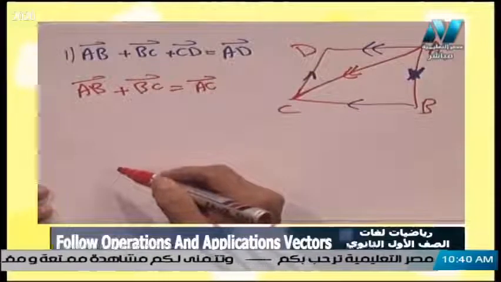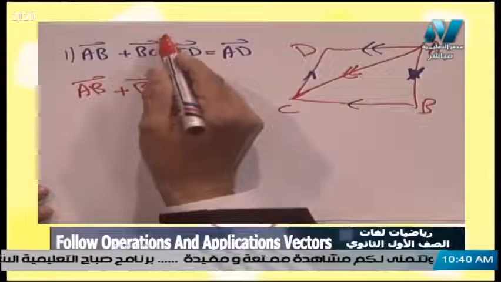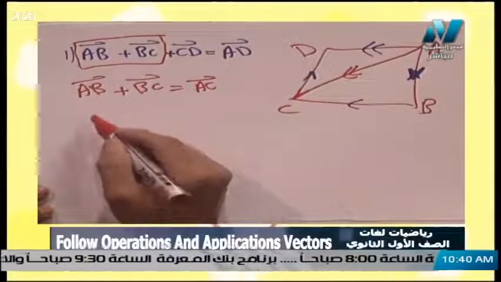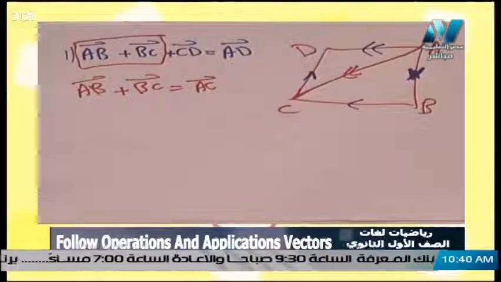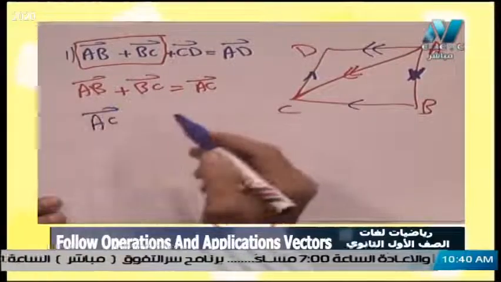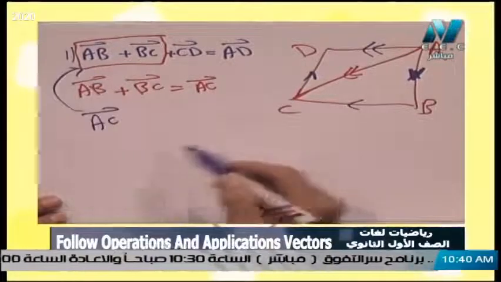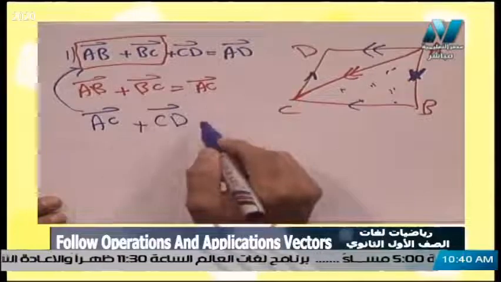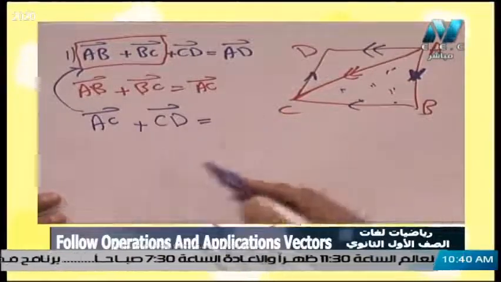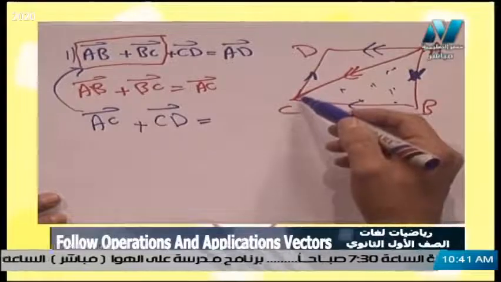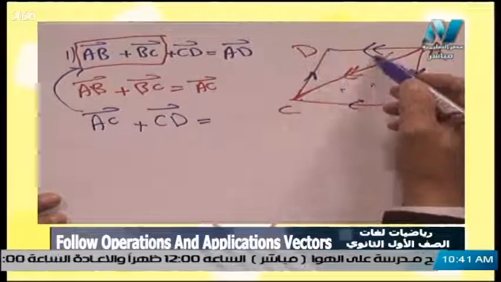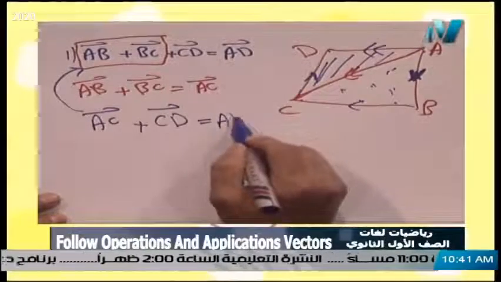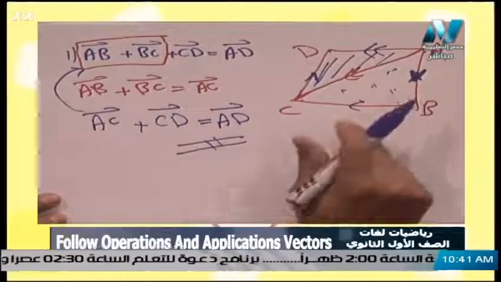So we can substitute this expression AB plus BC by the vector AC, and put the vector AC here plus the vector CD. It will be equal to what? AC plus CD, by using the triangle vector here, equals AD. So we have now proved this question.